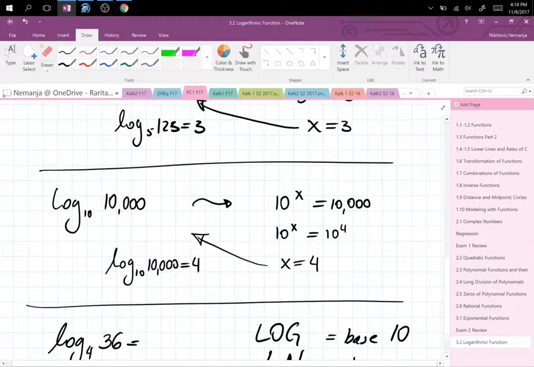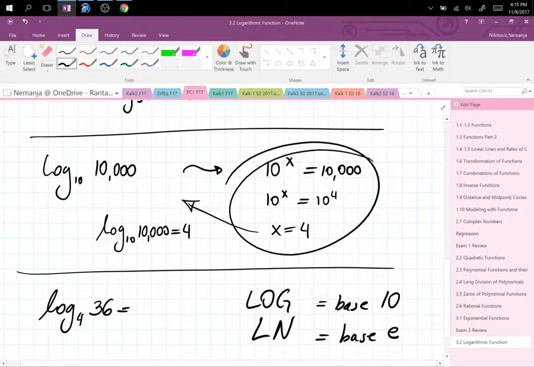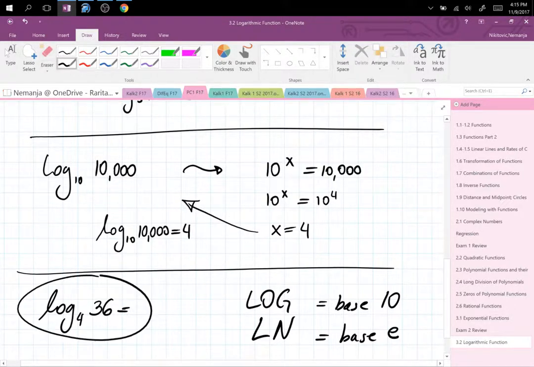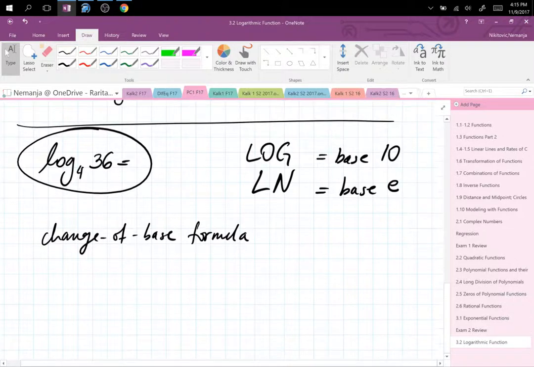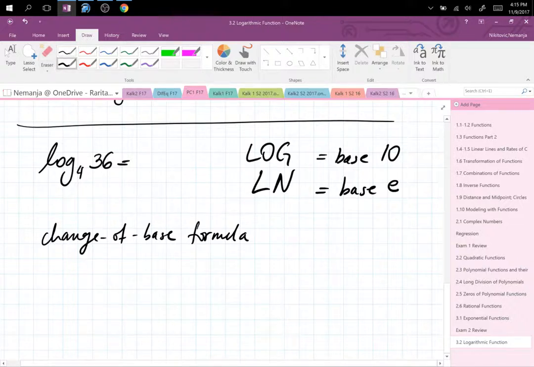So again, problems like the ones above go on the no calculator part of the exam. This problem and similar stuff goes on the calculator part, which makes sure that you know how to use the change of base formula.